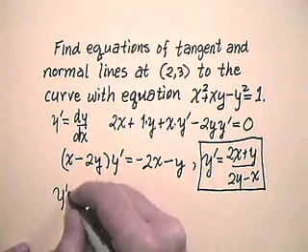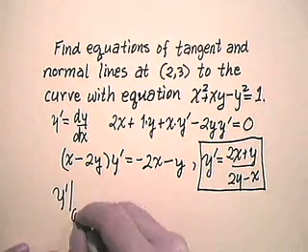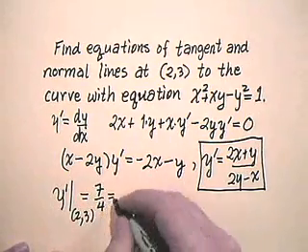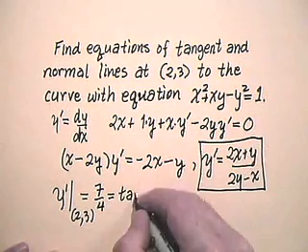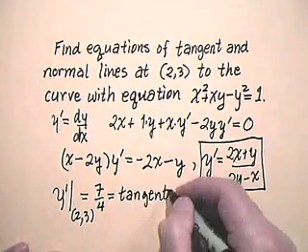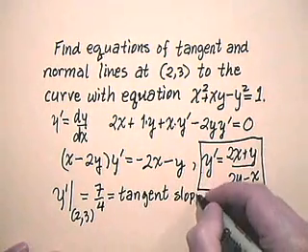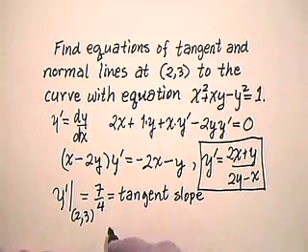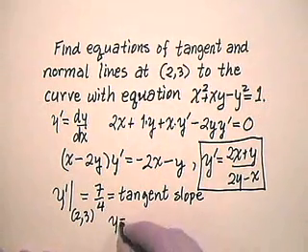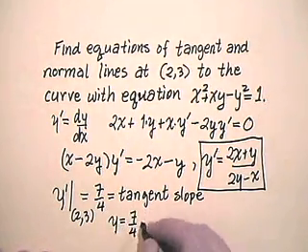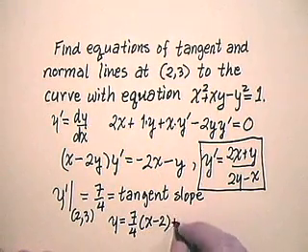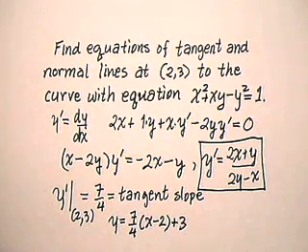So y prime at (2, 3) equals 7/4. That's the tangent slope. So we can easily write the equation of the tangent line in point-slope form. It's simply y equals 7/4 times the quantity (x minus 2) plus 3.